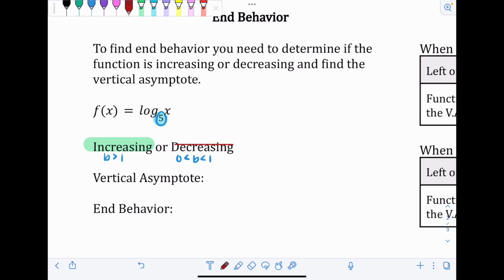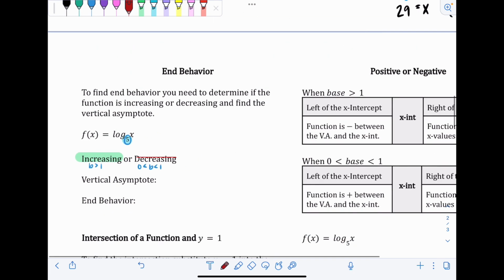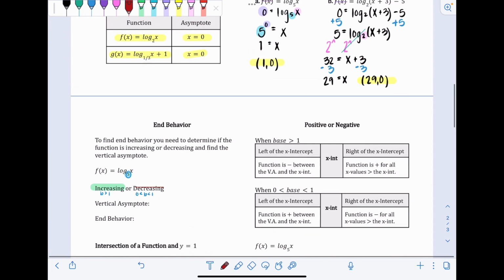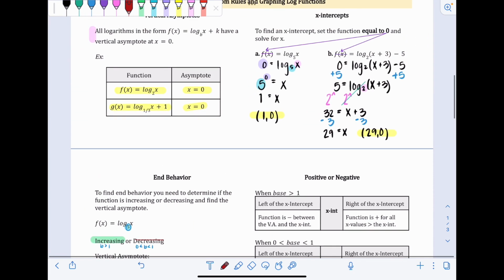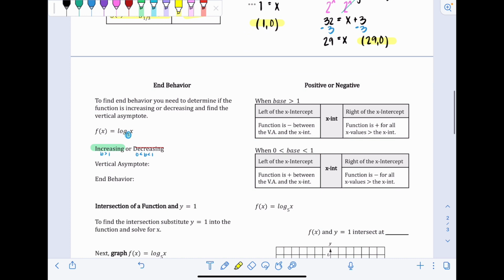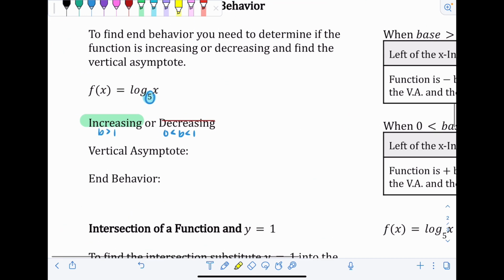And then for the vertical asymptote, this goes back to, I'm going to zoom out so we can see it up here. Anything that's in the form of log base b of (x plus k), basically if you don't have a number that is being added or subtracted from the x in the parentheses, your vertical asymptote is going to be x equals 0, because there's no horizontal translation that moves it side to side. So x equals 0 and it's increasing.